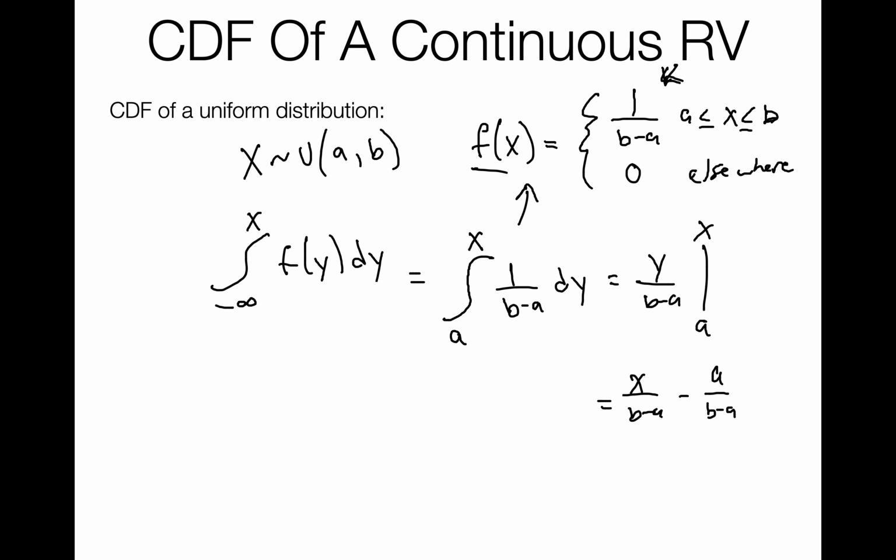So when I combine those, the CDF, capital F of x, equals, at least in part, x minus a over b minus a. And that's defined when x is between a and b.